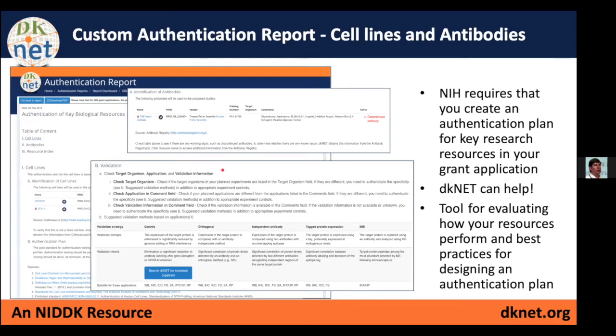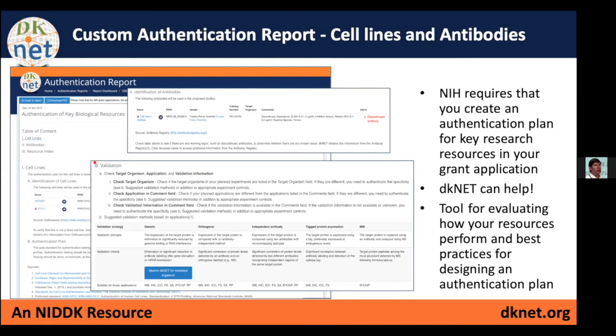And so again, using some additional tools that dkNET provides, you can add, for example, the cell lines and the antibodies to an authentication report. What this does is it basically creates a collection, and it updates. So whenever you visit this report, if we found any new alerts or any additional information, that information will show up on this report.